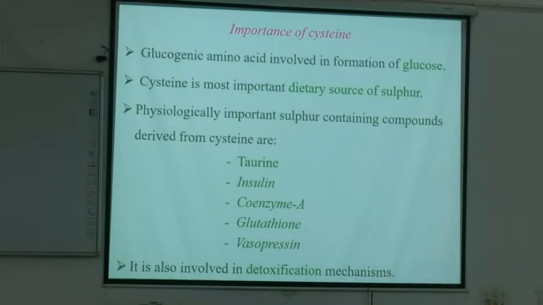Now, importance of cysteine. We understand all the clinicals related with that. Cysteine is a glucogenic amino acid involved in the formation of glucose. It is a dietary source of sulfur, and it is needed for the formation of insulin. Why is it required for the formation of insulin? Because when you see the structure of insulin, there is the presence of sulfur bonds.